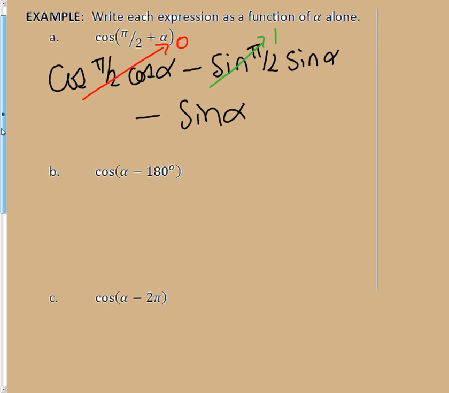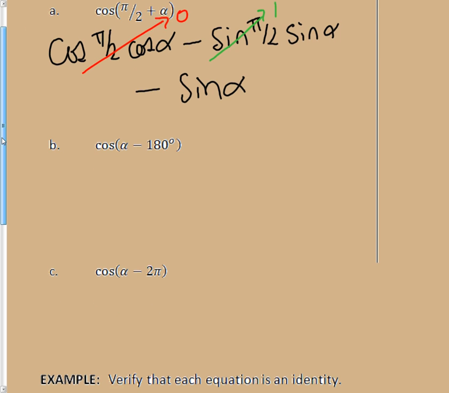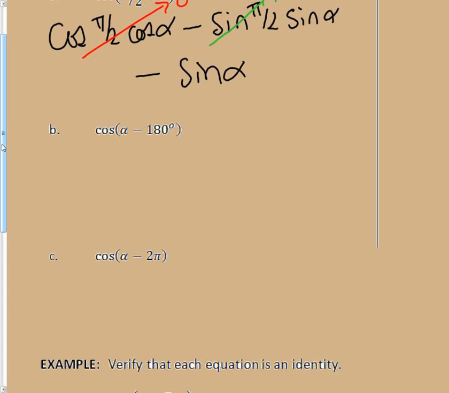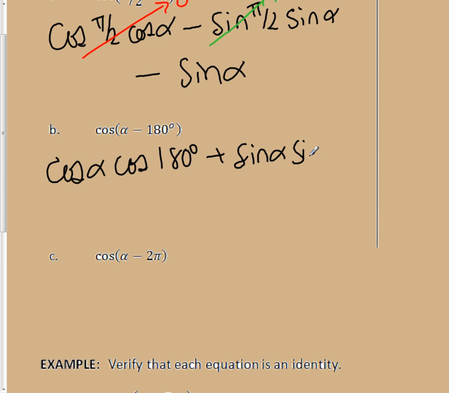As I take a look at my next one, I have the cosine of alpha minus 180. So I know this is the difference of cosine. I have the cosine of alpha, the cosine of 180 degrees, plus the sine of alpha, the sine of 180 degrees.